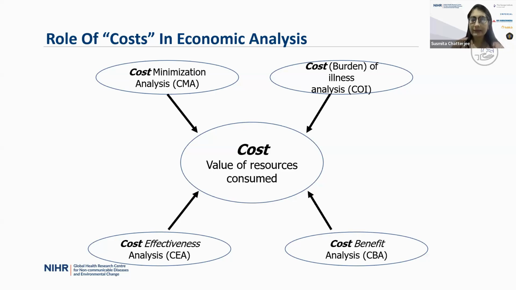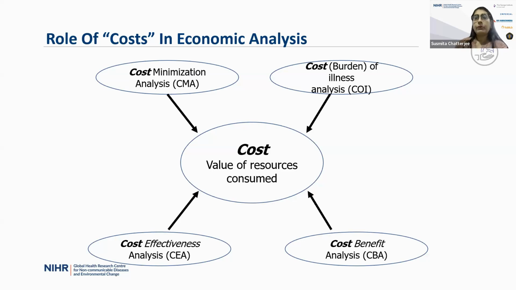Cost effectiveness basically shows the outcomes in terms of natural units, which is maybe cost per death averted, cost per reduced hospitalization, cost per DALYs averted, cost per quality adjusted life year gain, something like that, which are natural units.